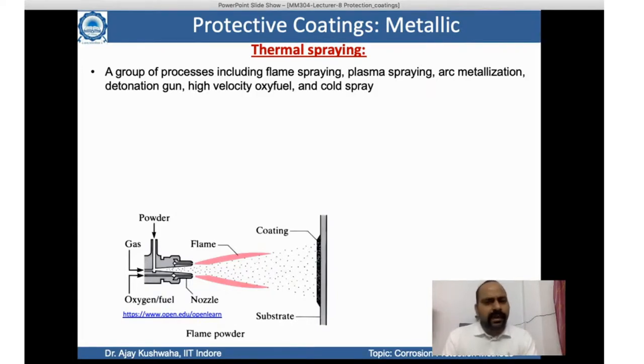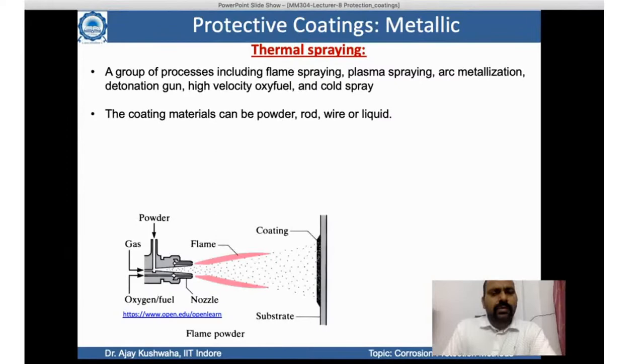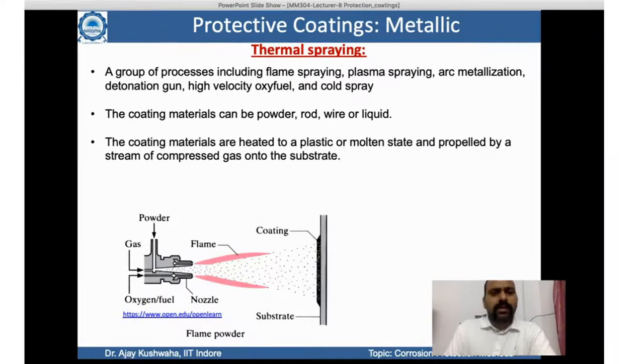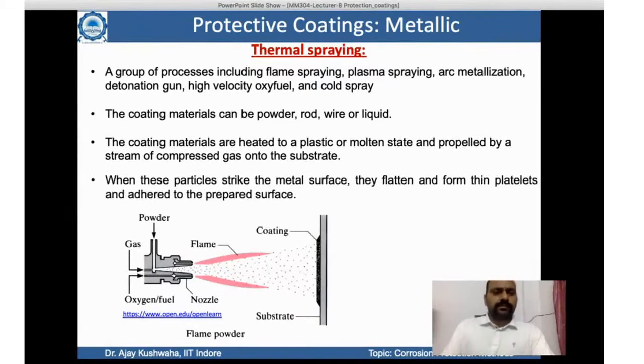It may be flame based spraying or plasma based spraying, or maybe other spray coatings which are usually used for metallization. High velocity oxy-fuel and cold spray, these are all different names. The coating material can be powder, rod, wire or liquid, and the coating material is heated to a plastic or molten state and then propelled by a stream of compressed gas onto the substrate.